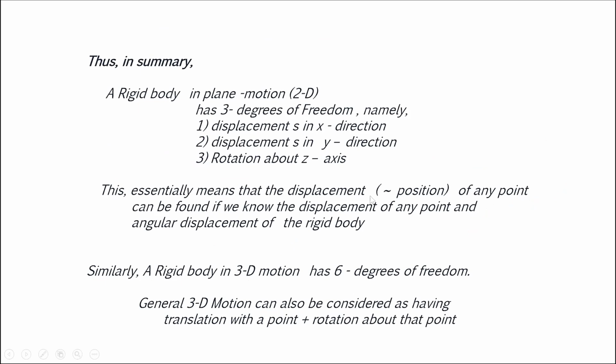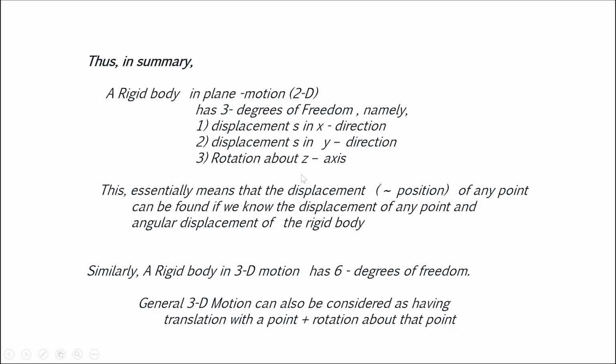This is what I wrote here: this essentially means that the displacement of any point can be found if we know the displacement of any other point and the angular displacement of the rigid body. So in 2D, we are going to use the concept that it has 3 degrees of freedom.